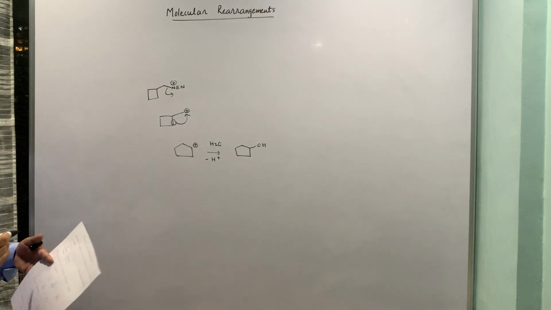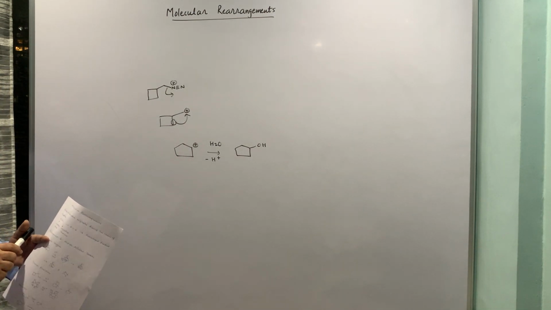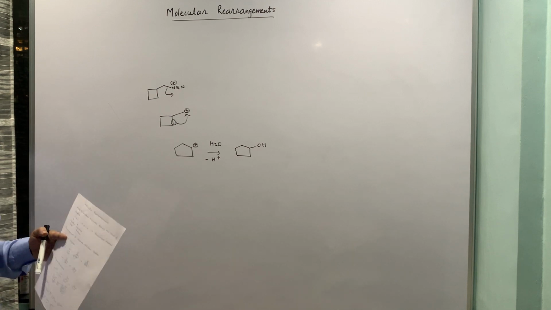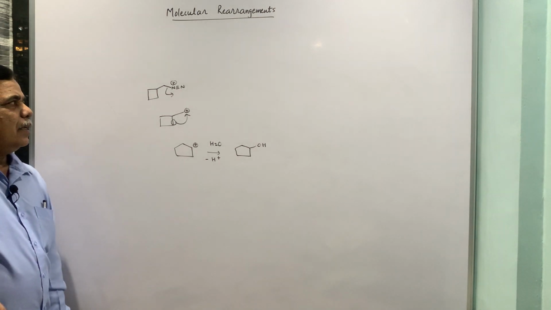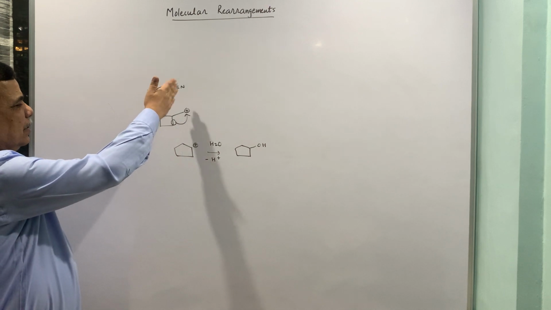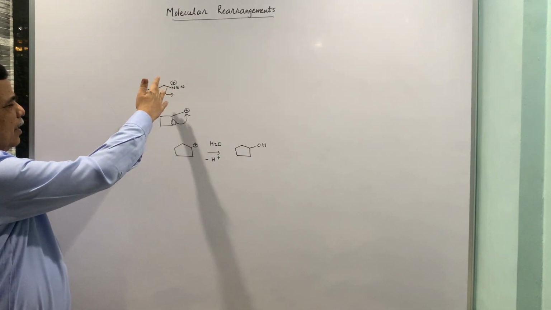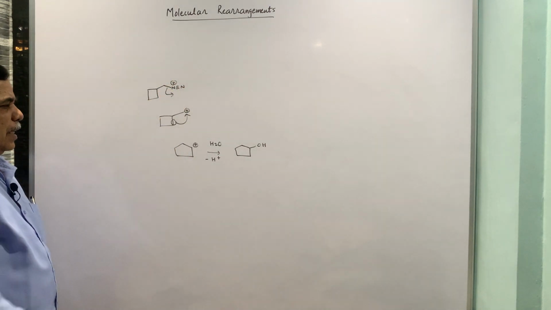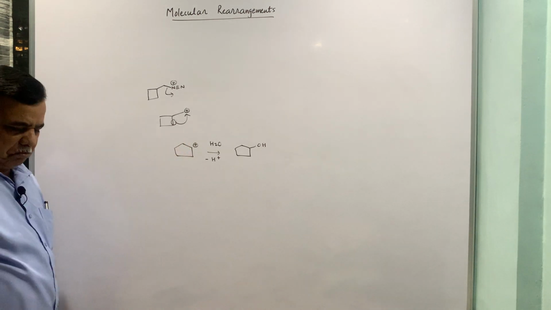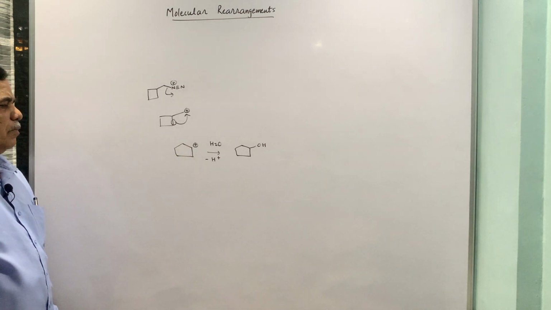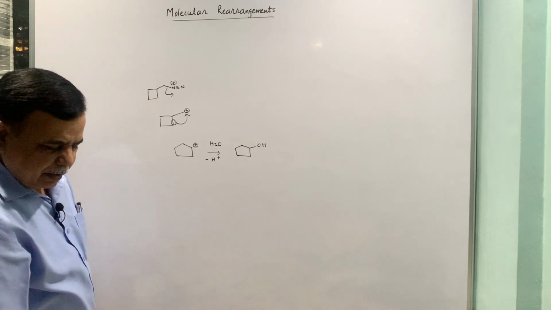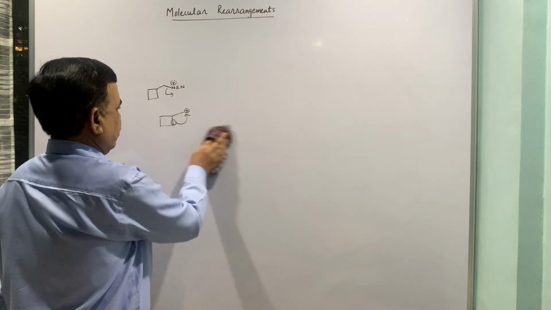So the ring expansion is catalyzed by acid or heat. Nitrogen goes off upon heating, and then the nucleophile, generally water, attacks and you get the alcohol in this reaction.